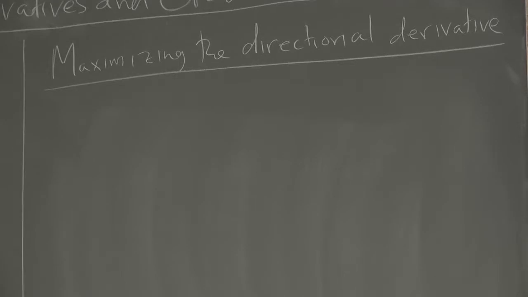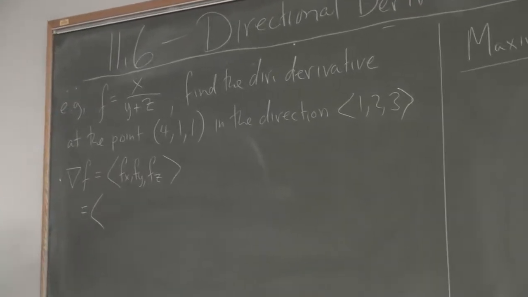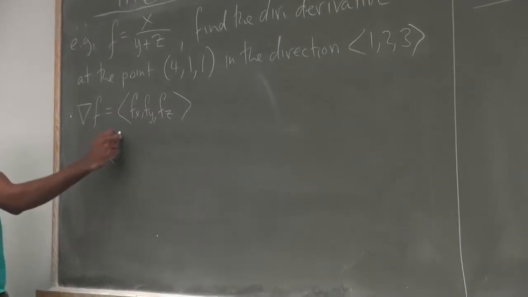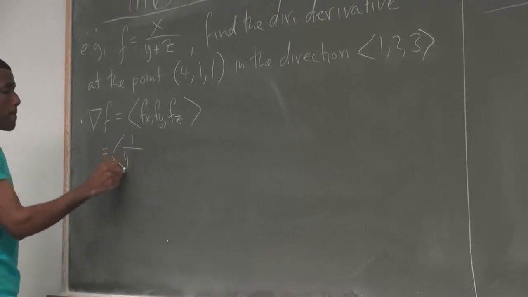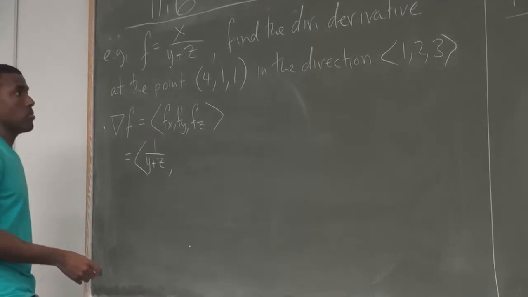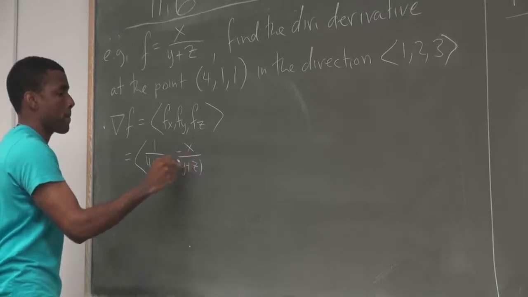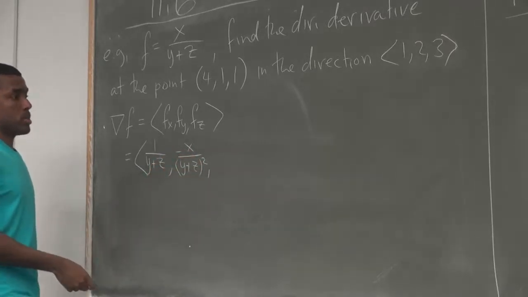Okay, so here we want to find the directional derivative at this point in that direction. All we have to do is take the gradient vector and the unit vector and dot product. So let's start with the gradient vector. Gradient vector here is equal to fx, fy, fz. This is equal to, partial with respect to x, partial with respect to y, with respect to z.